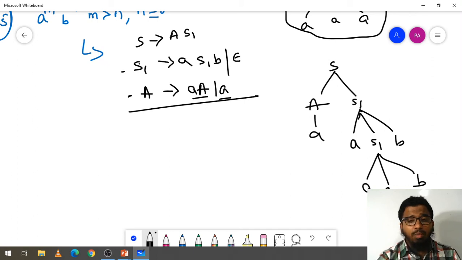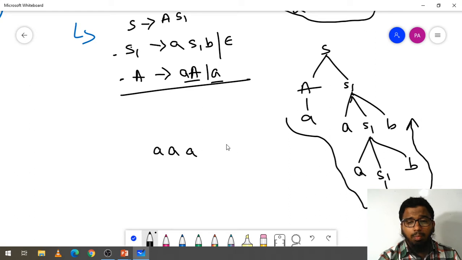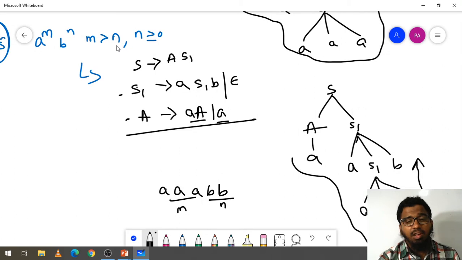If I want to terminate this S1, I will take the epsilon. So you need to draw the tree for this. What answer will we get? a a a b b. Now this is m and this is n. n is less than m, or you can say m greater than n.